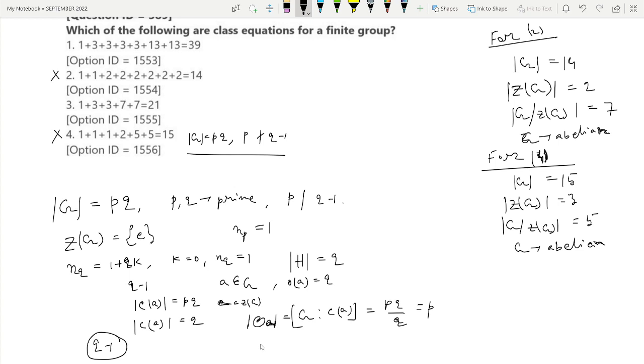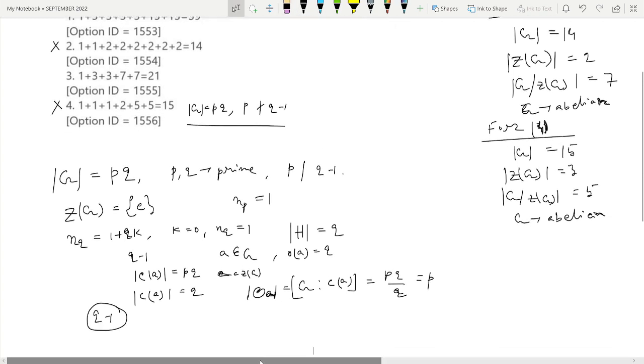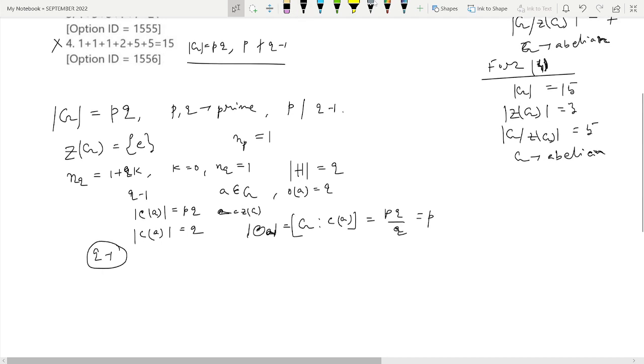So there are such, say, a1, a2, dot dot, so we need to find how many orbits are needed to cover all such elements of order q.